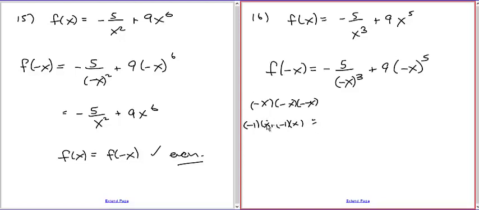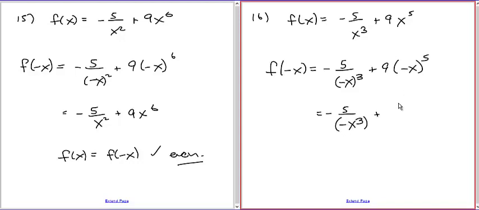Negative 1 times negative 1 times negative 1 is negative 1, and x times x times x is x cubed. So you get negative x cubed. That's why odd exponents give you a negative answer if you have a negative inside. So that becomes 5 divided by negative x cubed.